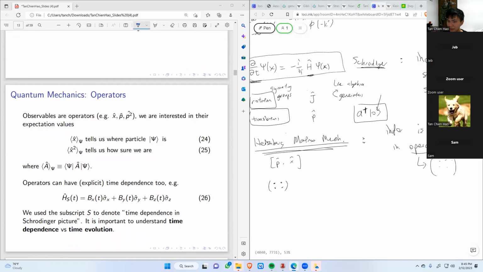So the upshot is, what do we actually calculate in quantum mechanics? The answer is that we calculate expectation values. Expectation values are similar to what you hear in statistics.